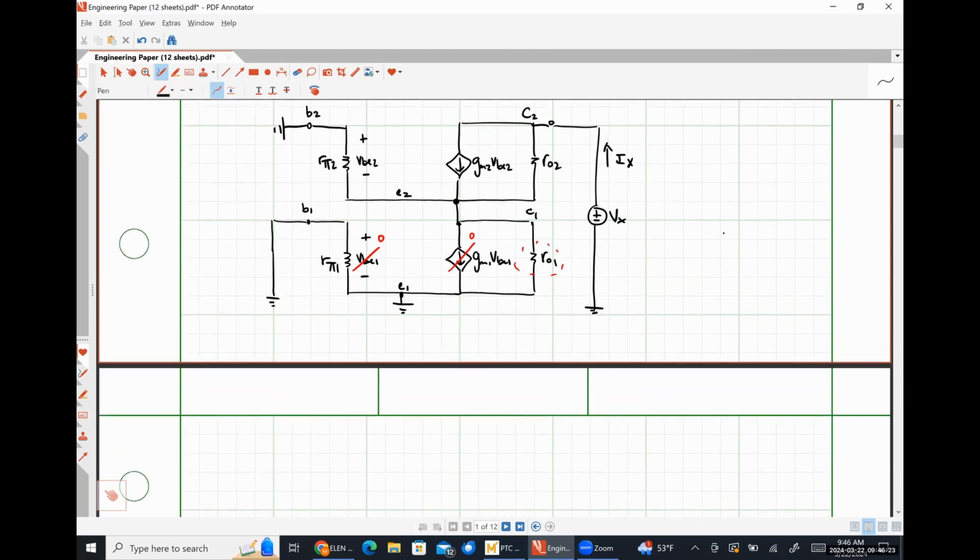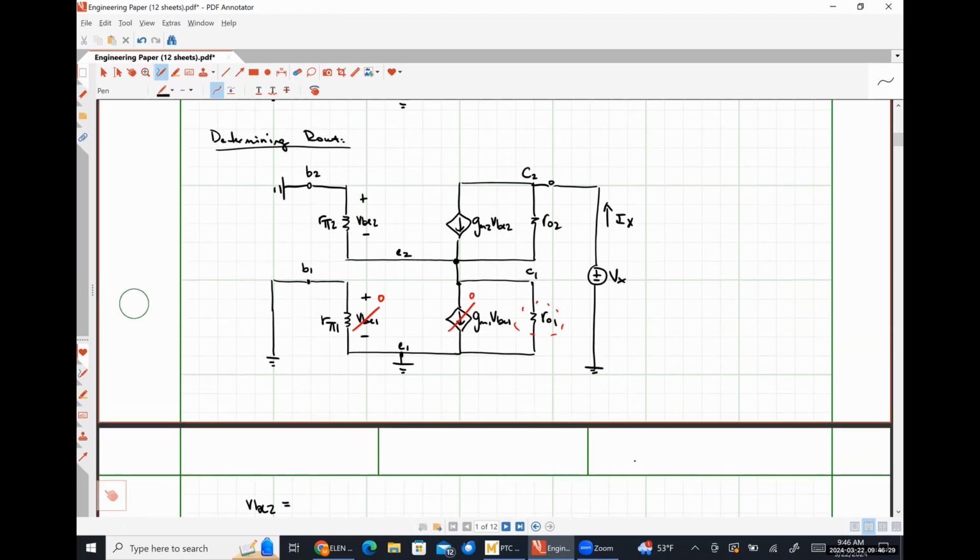I'm going to tuck it down here where we're going to do the math or explain things. Let's look at things really quickly. This resistor R01 is classically defined between the node C1 and the node E1, right? So the collector of transistor 1 and the emitter of transistor 1.